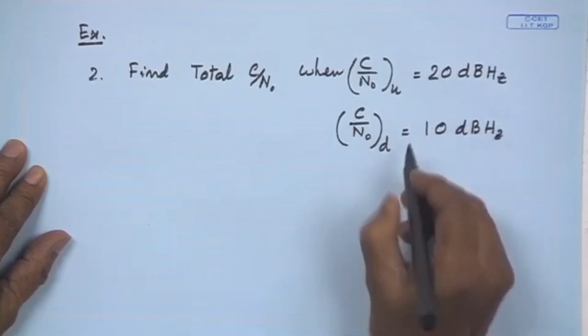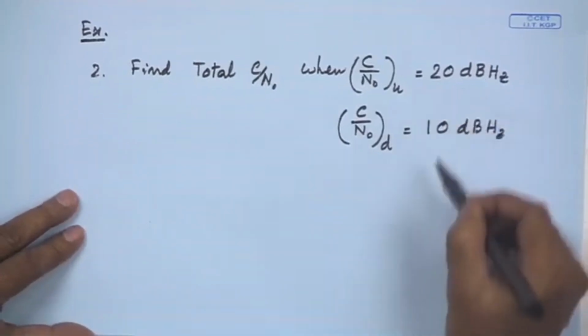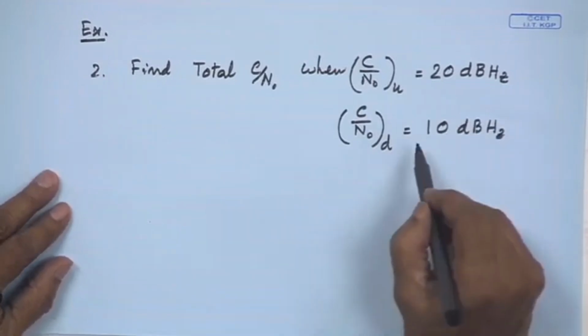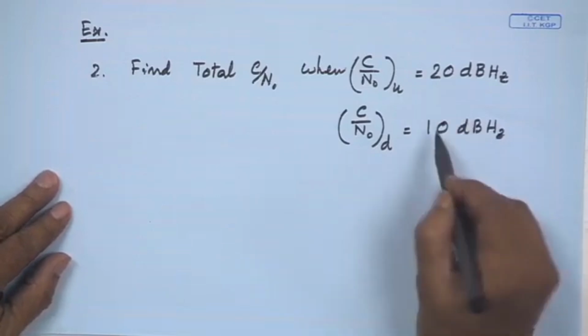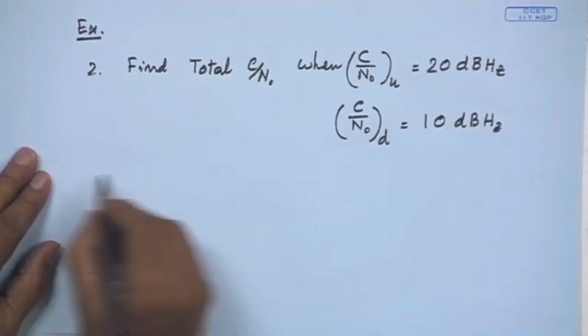When the downlink C by N 0 is 10 dB down, that is 10 times lower than the uplink. So, downlink is now 10 times lower than the uplink, just put one condition. Then let us see what is the effect on C by N 0 total.